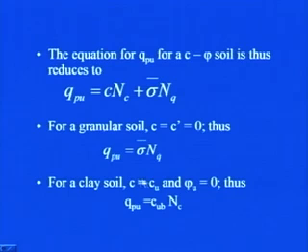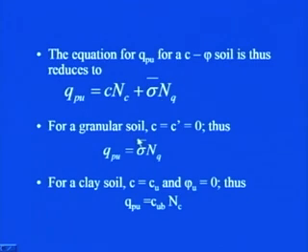So, the resulting equation for unit point bearing resistance for a c-phi soil gets reduced to only 2 terms, that is cNc plus sigma bar Nq, where Nc and Nq are bearing capacity factors, c is unit cohesion, and sigma bar is effective overburden pressure at the tip of pile.